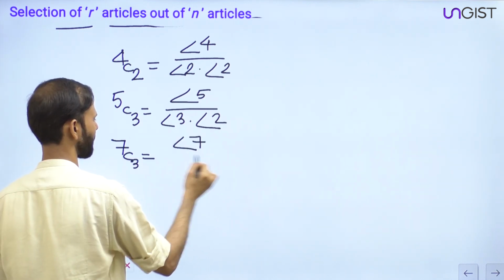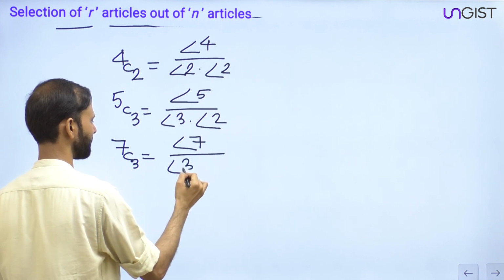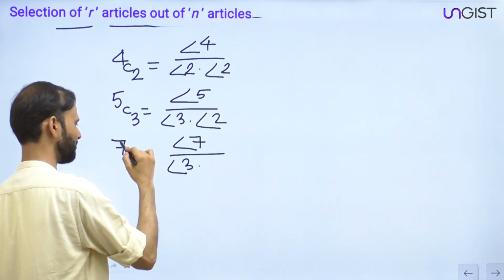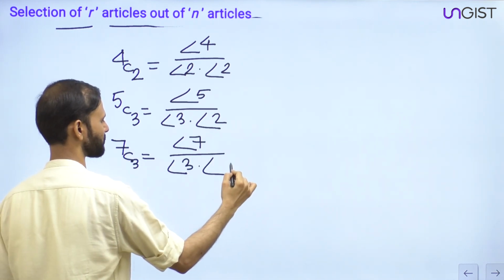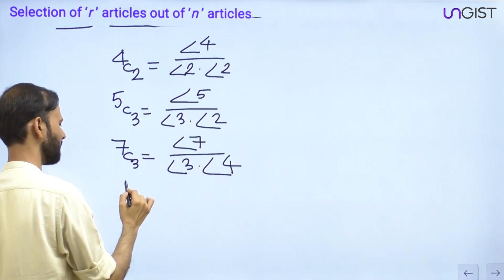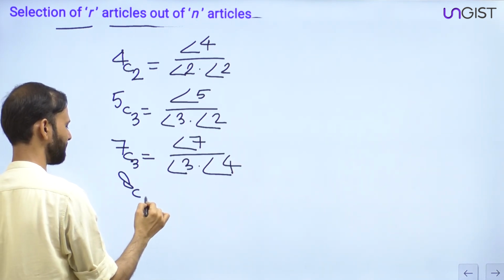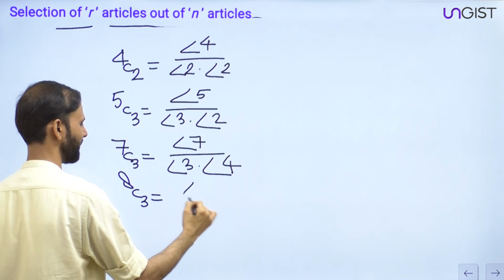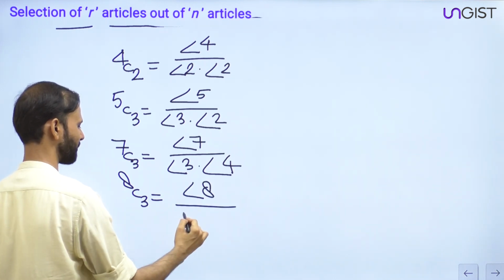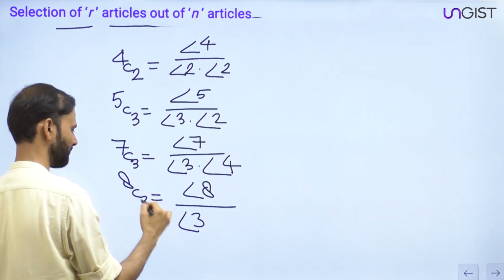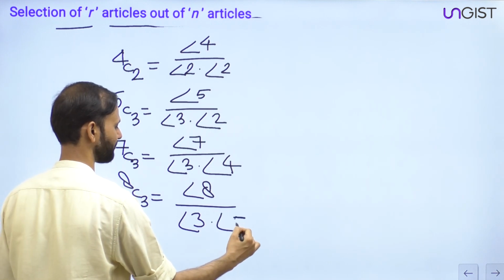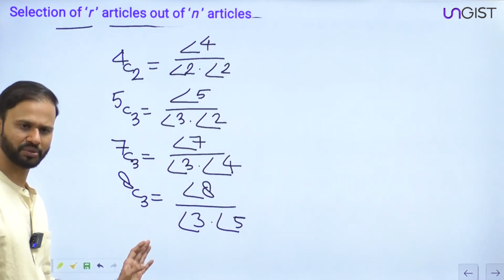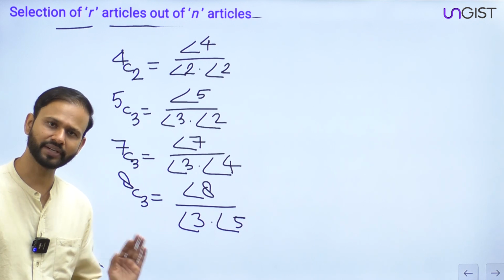Factorial 7 by factorial 3 into the difference of 7 and 3. The difference is 4, so this is factorial 4, right? Now let's say 8C3. So factorial 8 divided by factorial 3 into the difference of these two numbers, factorial 5. Guys, it is okay now? You are feeling comfortable with this now, right?